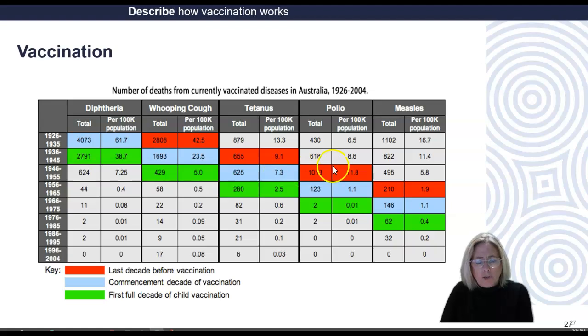Polio, amazing results with polio, and measles as well. But, depending on the region of Australia, there are a couple of regions where we are seeing an upsurge in some of these diseases, particularly measles, and that is because of a slight increase in people who are trying to avoid vaccination.